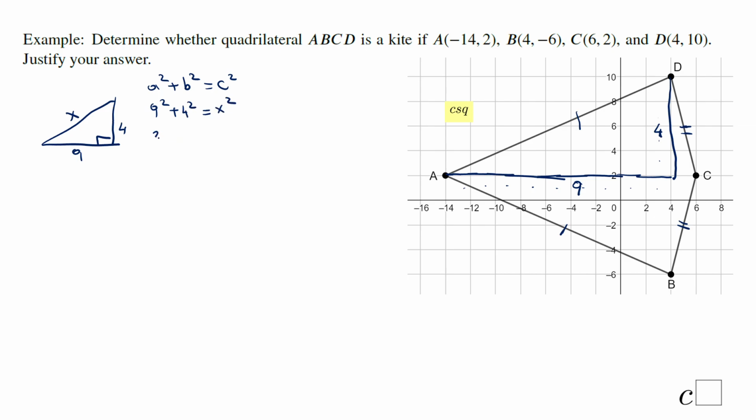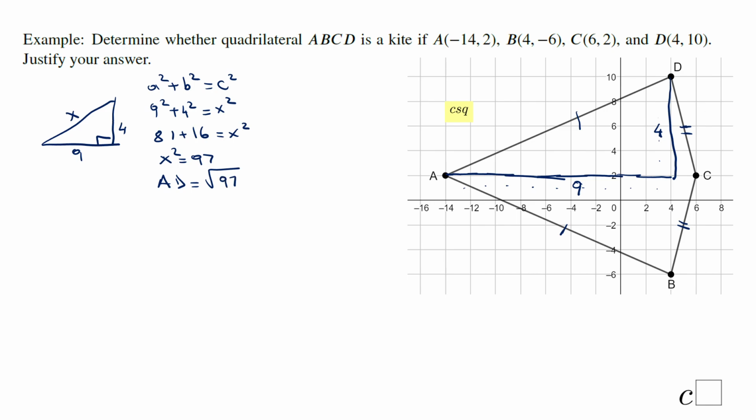So we have 9 squared plus 4 squared equals x squared. That is not 36, I apologize, it is 81. 81 plus 16 equals x squared. 81 plus 16 is 97, which means AD is the square root of 97.